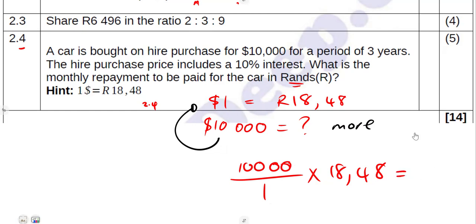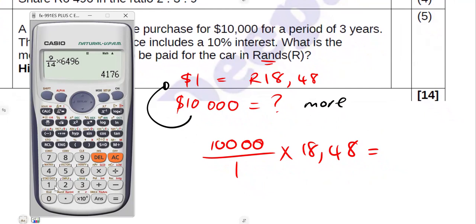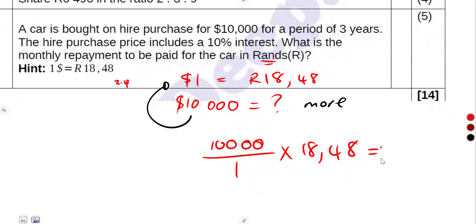So that's the amount of the car in rands. 18.48 times 10,000 is going to give us 184,800. So that is what we have as the total in terms of what we are given.